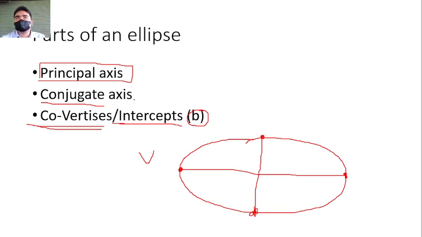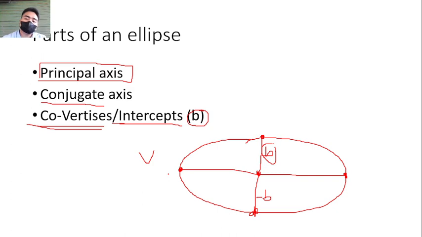In your intercepts, or in your co-vertices, let's call it co-vertices, you have the value of B from your center. So the segment coming from your center up until your co-vertices, the value is B. Same goes for the other one, why is it negative?